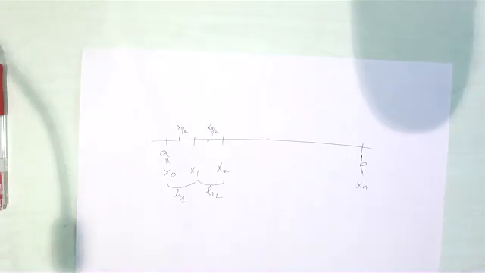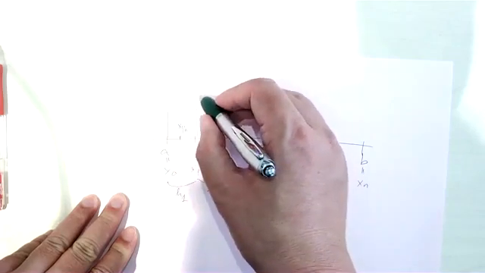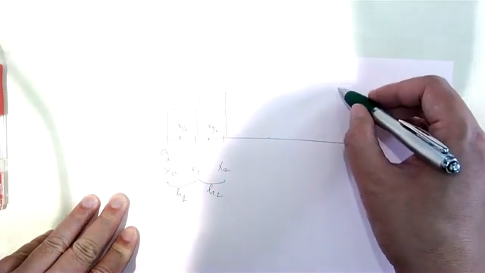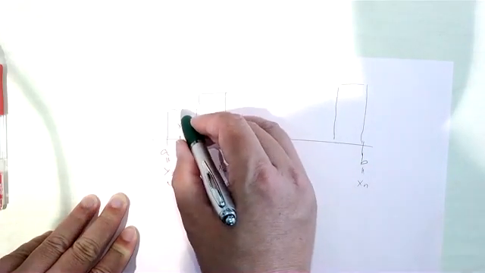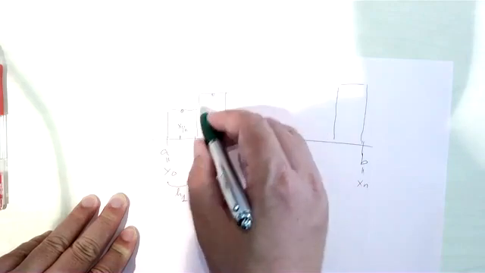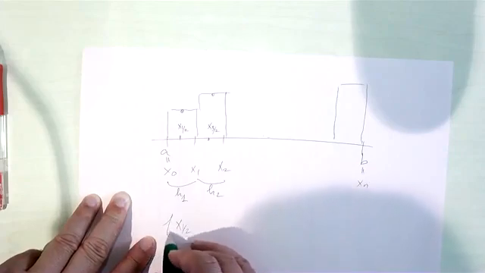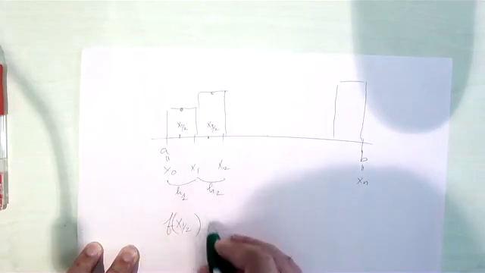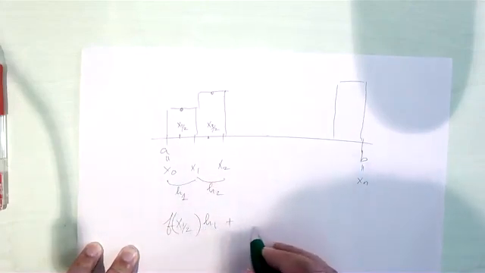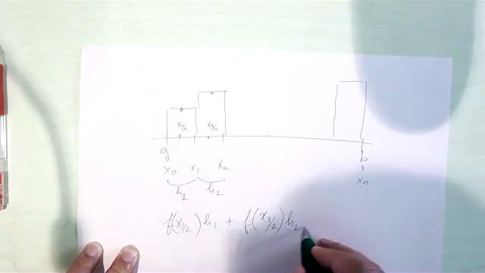And now the midpoint rule. So now you have many intervals like this. The last interval looks like this, and you take the midpoint. So the midpoint is here. The first area will be the value at x 1/2 times the width of the first interval, h1, plus the second one, f of x 3/2 times h2, and so on.